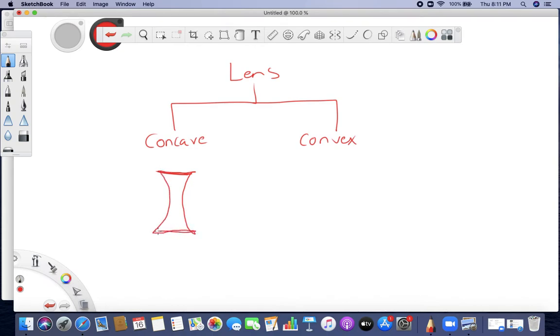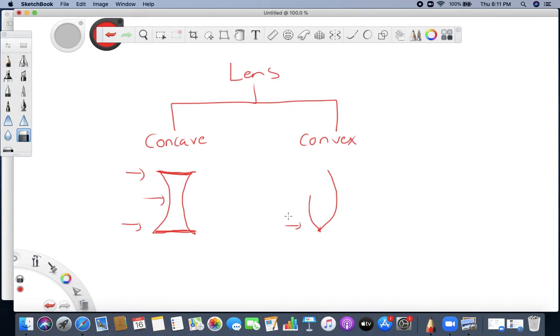It is thin in the middle and thick at the upper and lower ends. When you touch it, you feel here it is thick and here it is thin. And the opposite of that is called convex, where it is thin at the upper and lower ends and thick in the middle, right?